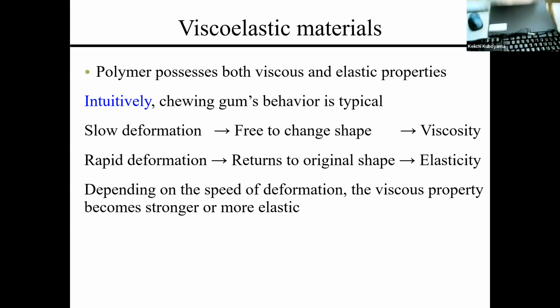When I pull this rubber material slowly, the shape changes like a chewing gum. And when I release, some part returns, but some part doesn't return to the original shape. So that shows the viscosity and the elastic property, both of them.